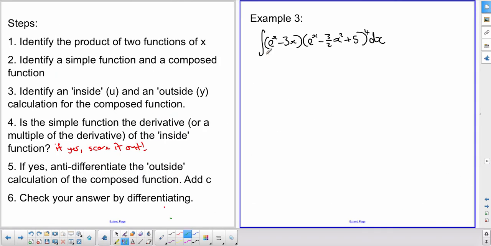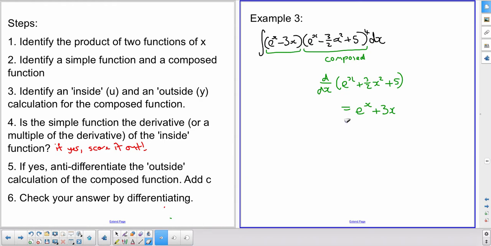Okay, so in this case the composed function is something or other to the power of 4, and when we take the derivative of the something or other, we get e to the power of x plus 3x, which is the simple function on the left, and that's supposed to be negative.